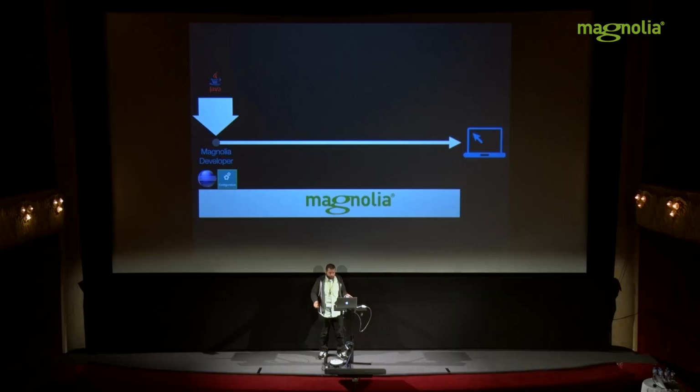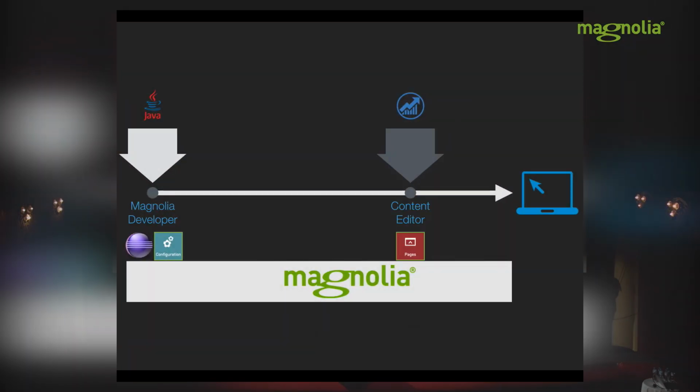This user alone can do everything that is needed, but usually there is a very important user, the content editor, who interacts with Magnolia through the Pages app. And this user brings additional skills and knowledge.